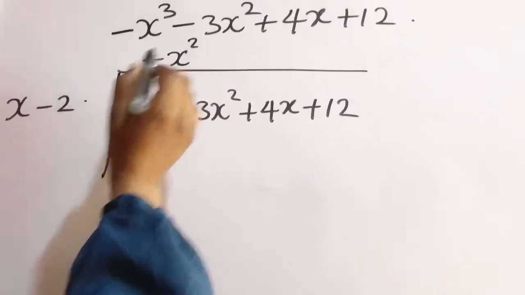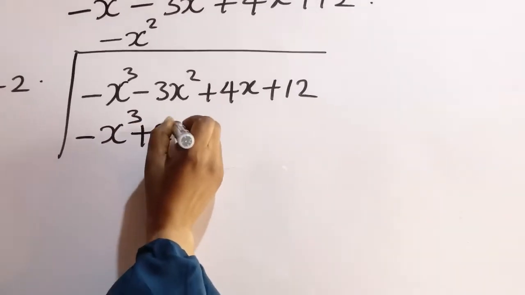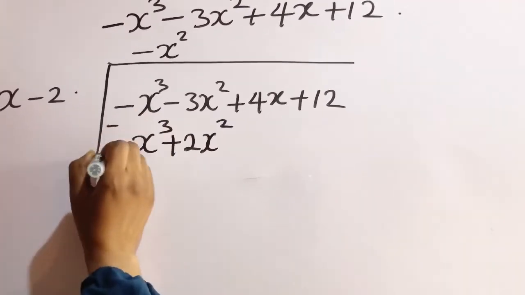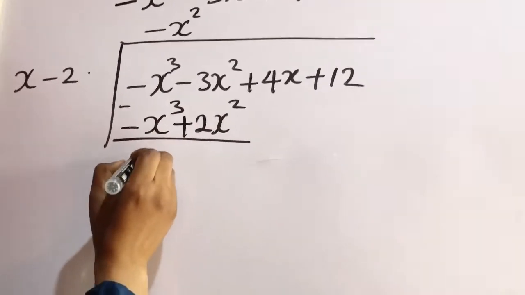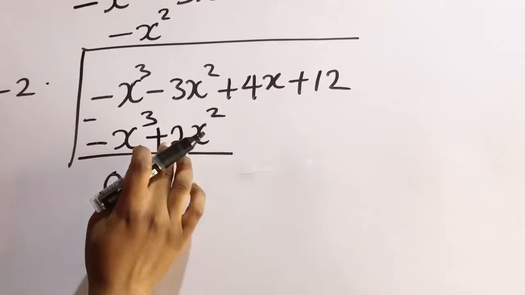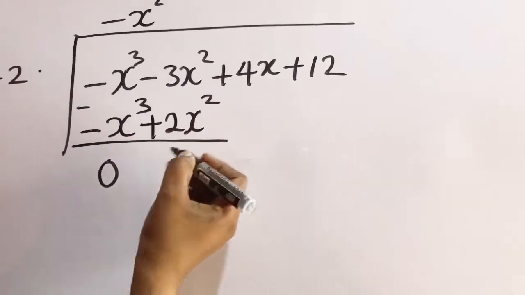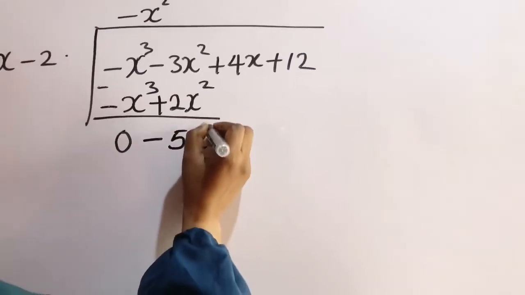Then minus x squared multiplied by minus 2 gives plus 2x squared. Then subtract. Minus x cubed minus minus x cubed gives 0. Minus 3x squared minus plus 2x squared gives minus 5x squared.